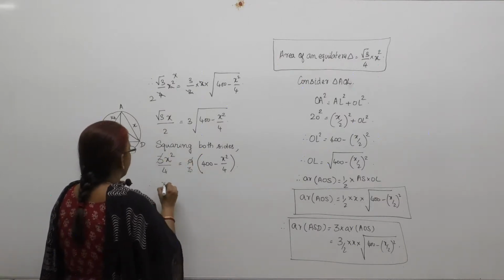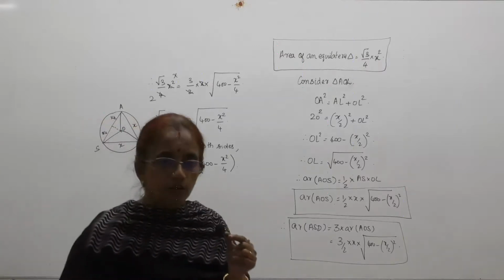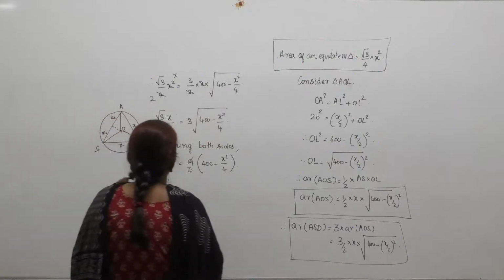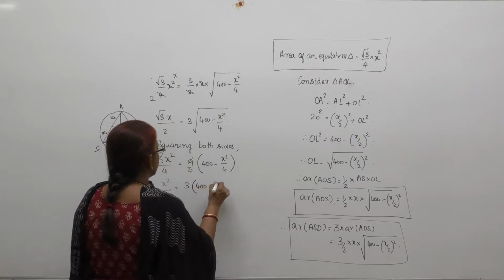So where we have x square by 4 is equal to 3 into 400 minus x square by 4.